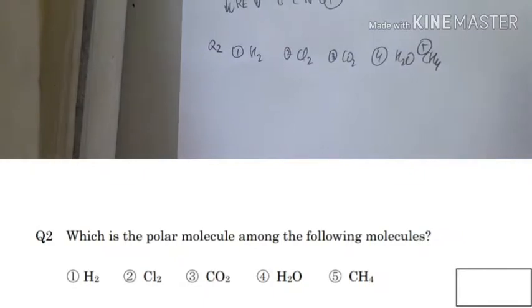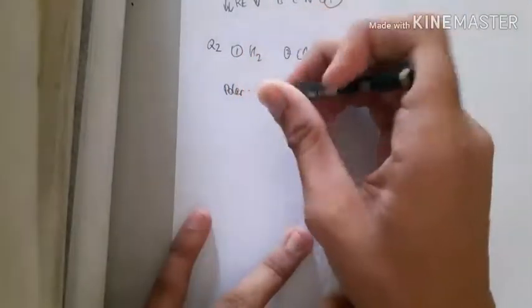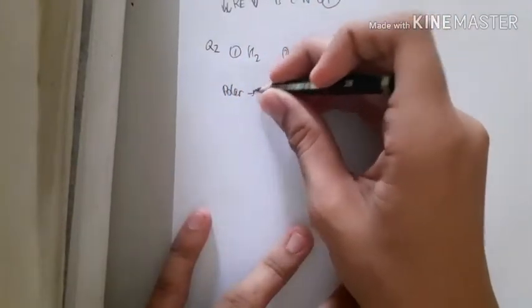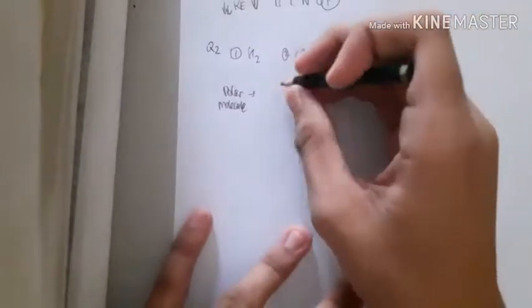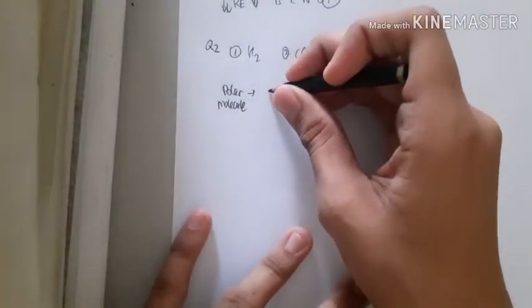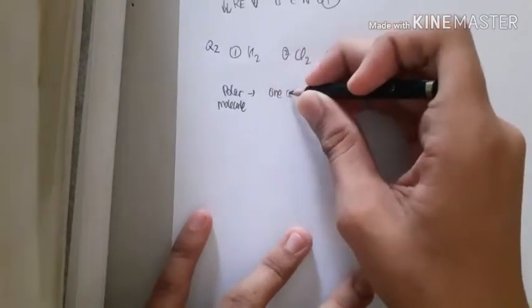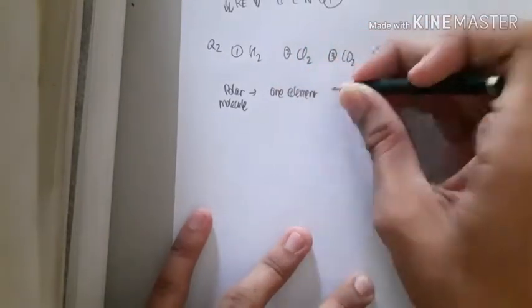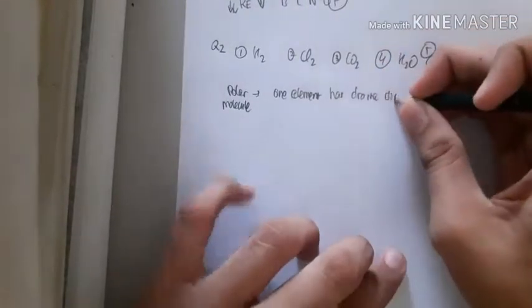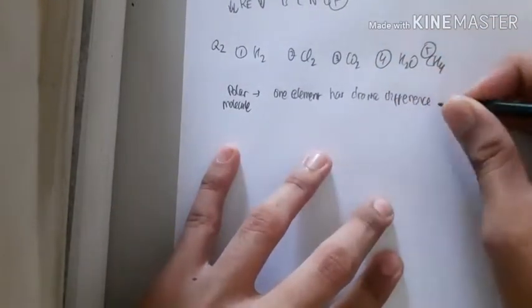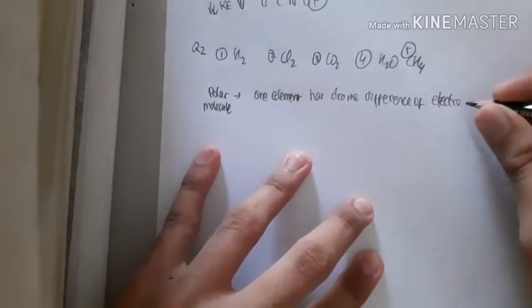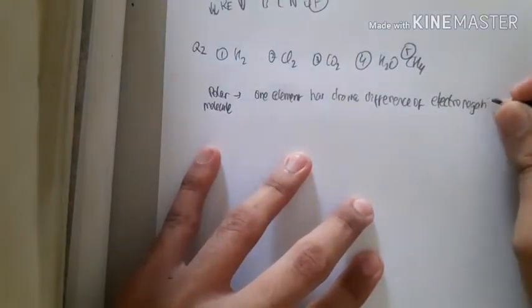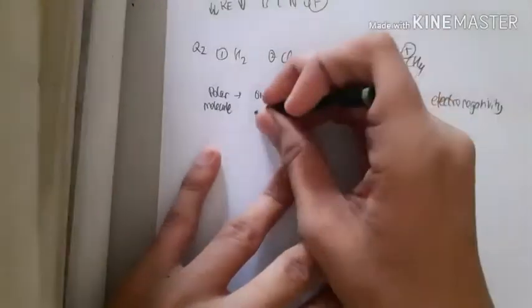Okay, now a polar molecule is when you have a compound where one element has a drastic difference of electronegativity with another element.